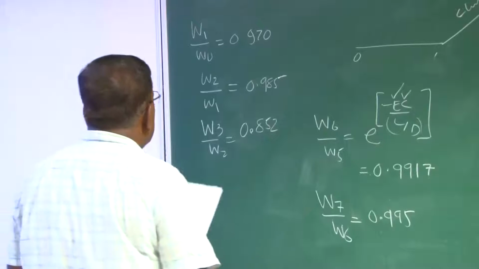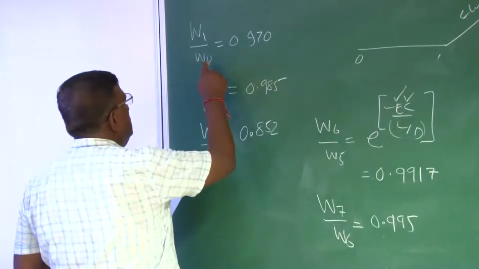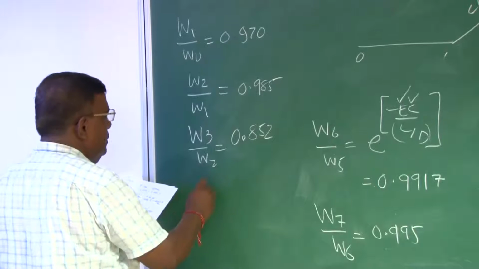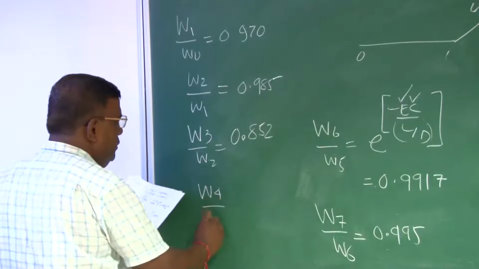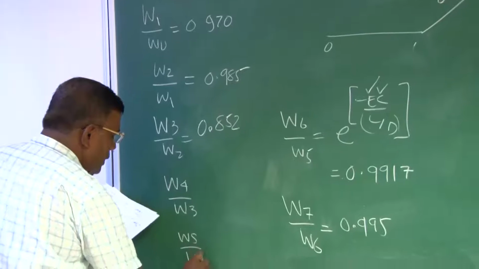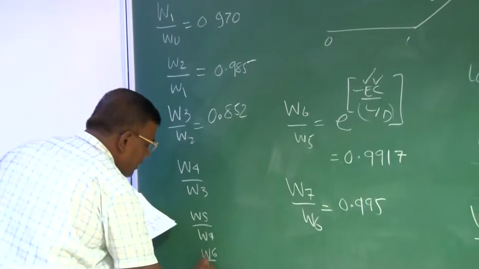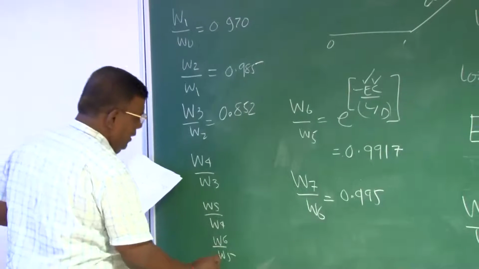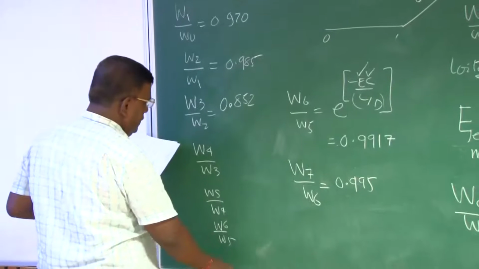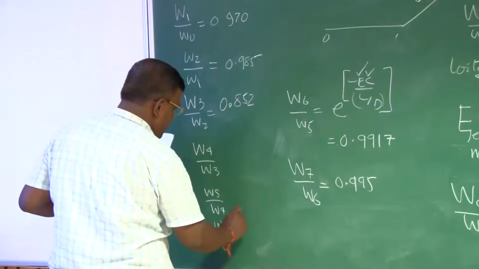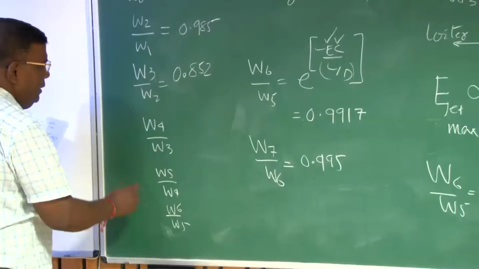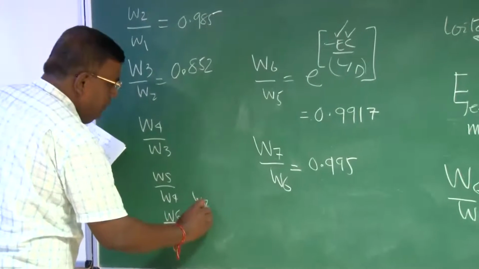So what we have done, we have seen W1 by W0, W2 by W1, W3 by W2, then we have W4 by W3, then we have W5 by W4, then we have W6 by W5, and we have also W7 by W6. So let me write, you will not be able to see here. So W7 by W6. Okay.